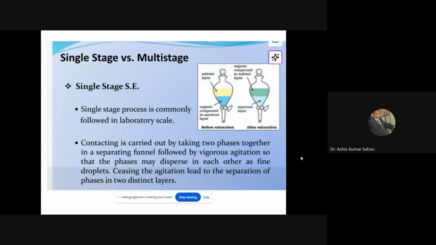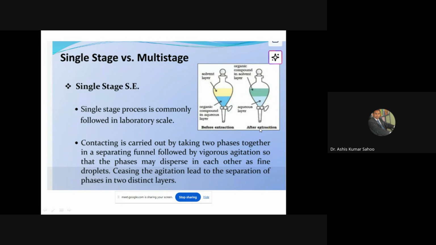This is the separating funnel. In the separating funnel, the lower part is the aqueous layer and the other is the solvent layer. This is before extraction, and this is after extraction.